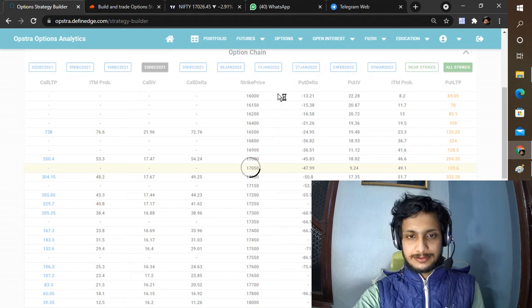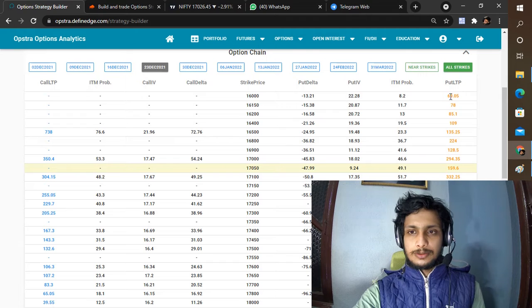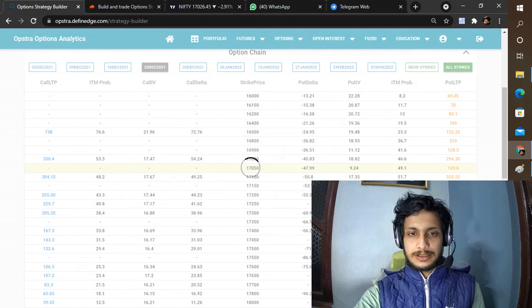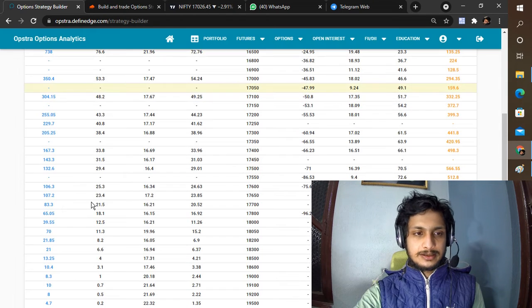Now I will buy this 10 delta put to hedge this position. Similarly, on the other side, I will sell a 20 delta call and buy a 10 delta call to hedge it.